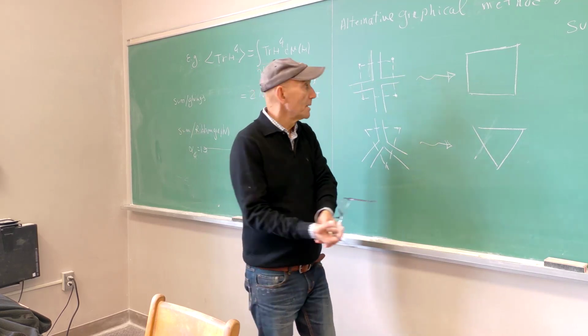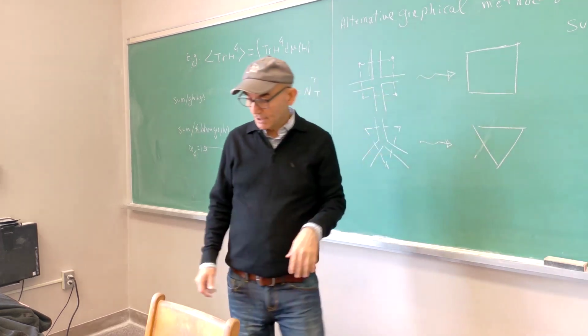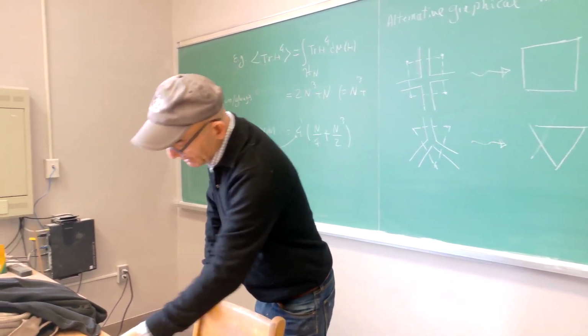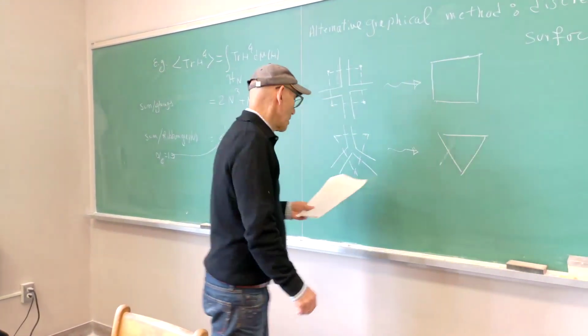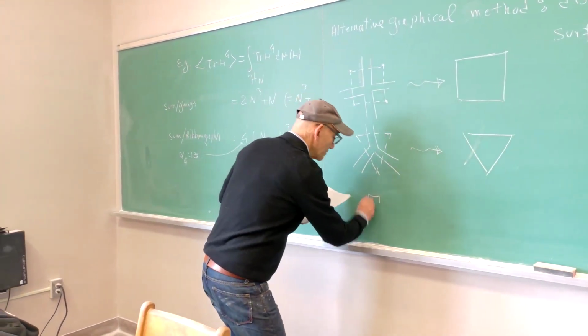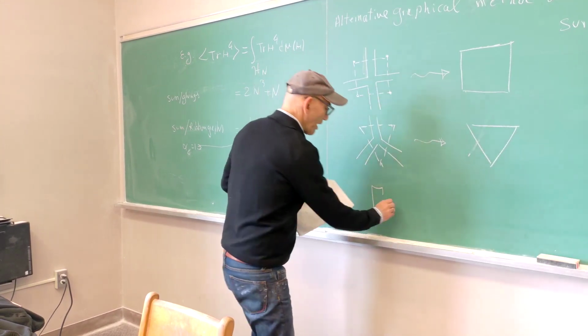Okay. Now, what happens? Some interesting dualities happen. So I can list it like this. So let's call these things gamma, which is a ribbon graph.